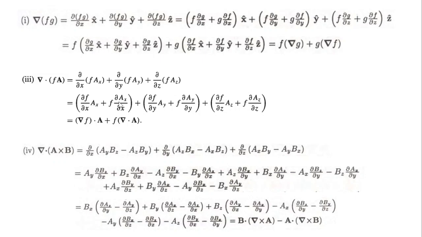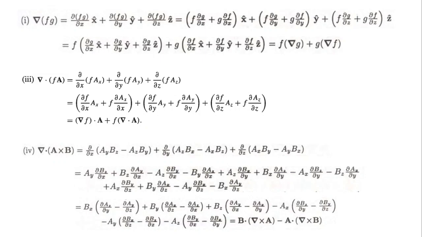Similarly, you can combine all the second terms, f into dou ax by dou x plus f into dou ay by dou y plus f into dou az by dou z, which is nothing but f into divergence of a. So divergence of f into a equal to gradient of f dot a plus f into divergence of a.